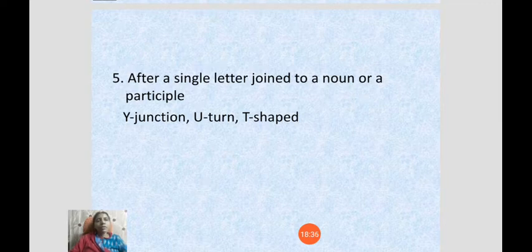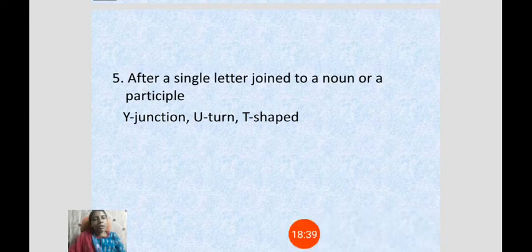When you use a participle, like T-shaped, shaped is a participle. So with such words, with nouns or participles, we use a hyphen.